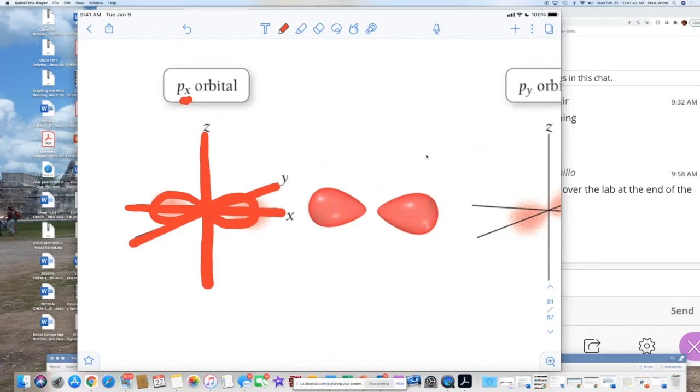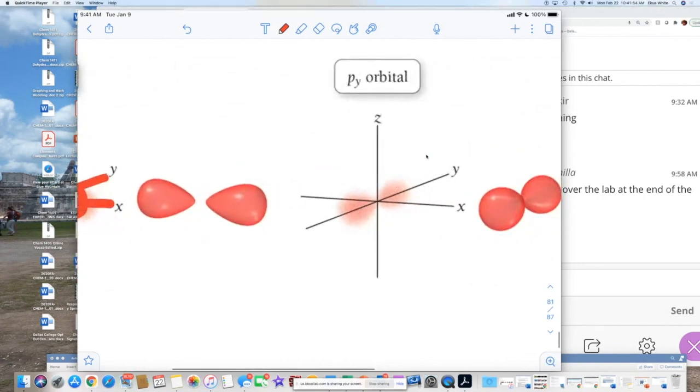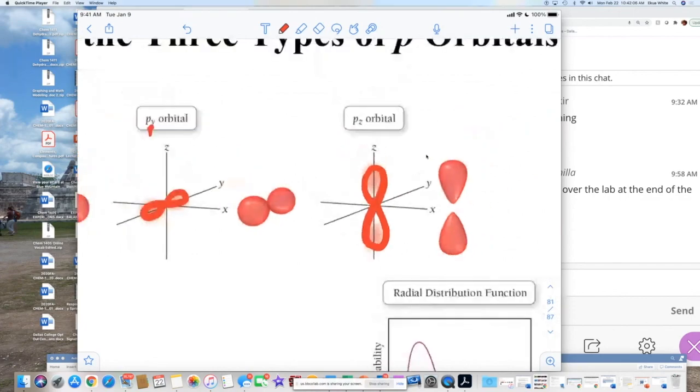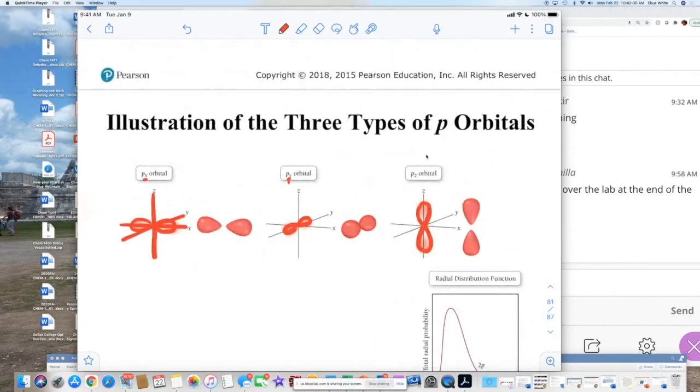The x-axis goes through the PX orbital, and then the PY orbital, the y-axis goes through it, ergo PY. And then the PZ orbital, that's the vertical one, the z-axis goes through it. So you want to be able to know PX, PY, PZ.